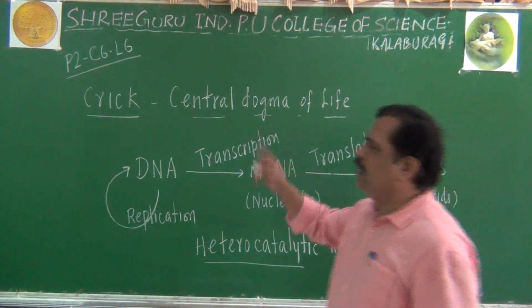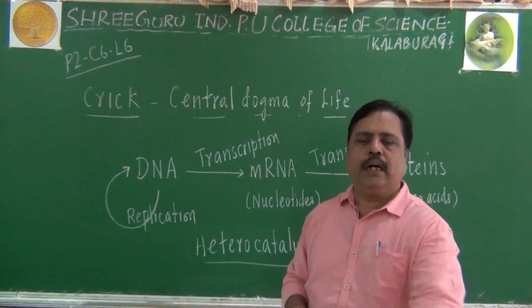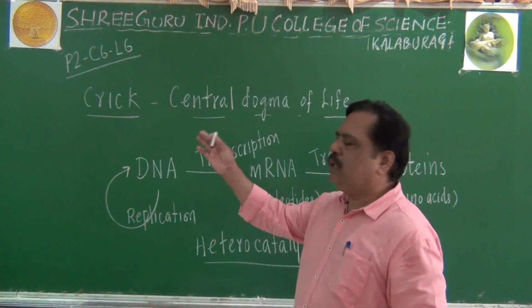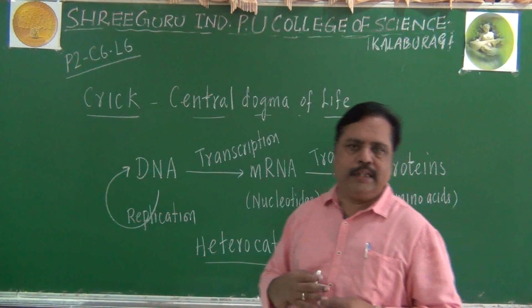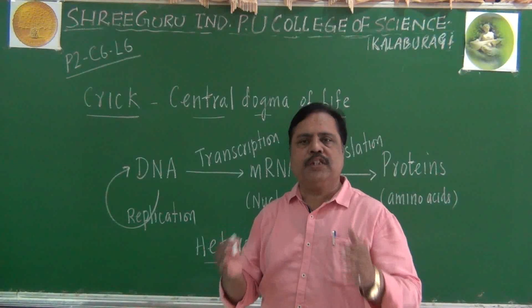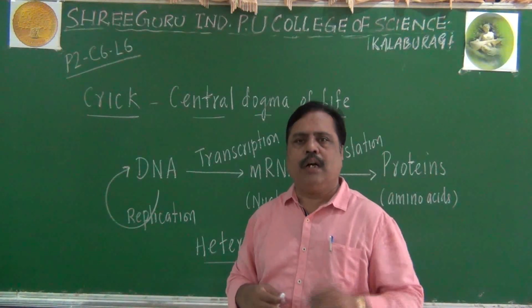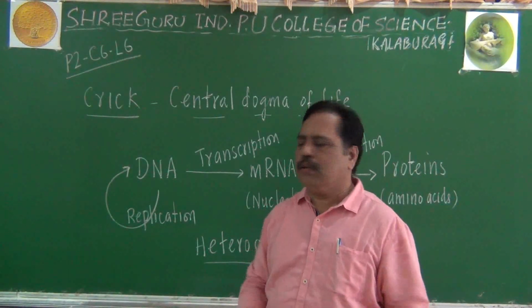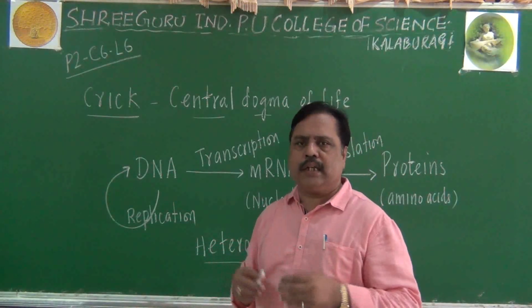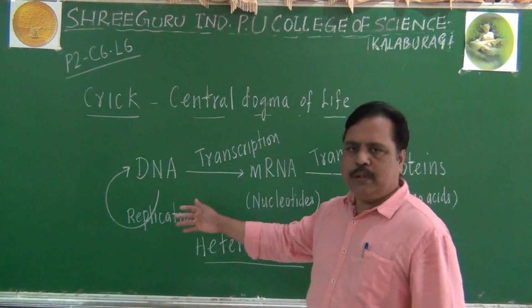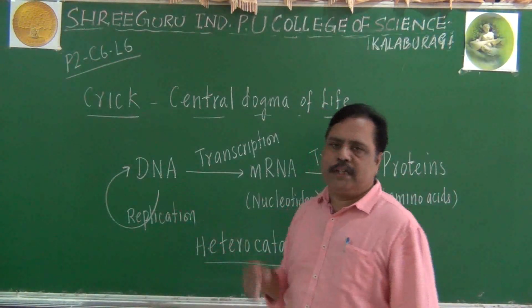This is the idea proposed by Crick in order to explain how the DNA molecule can work in living organisms, how DNA can function in a living organism, and why it should be called the master molecule. For that he gave this dogma. But of course, later other scientists proved the mechanism of replication.